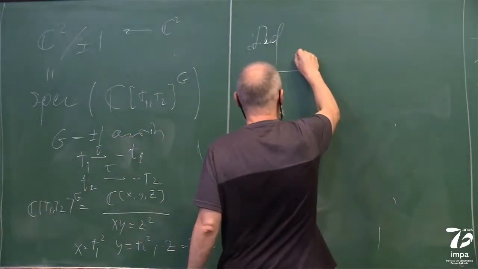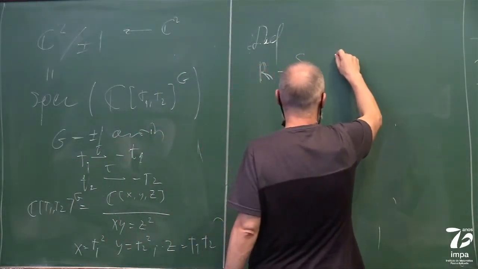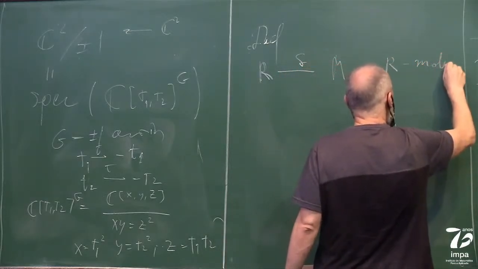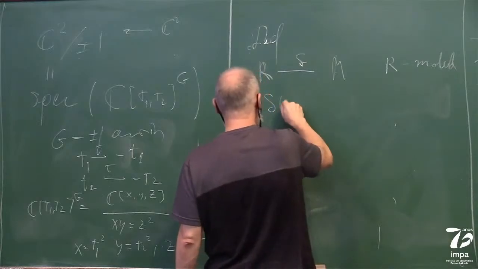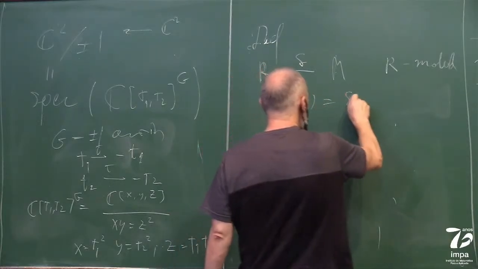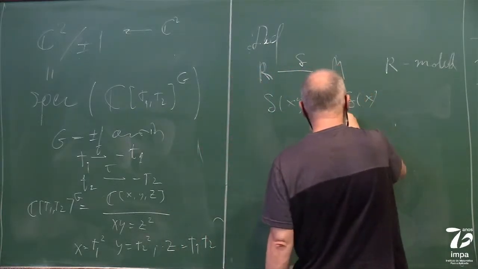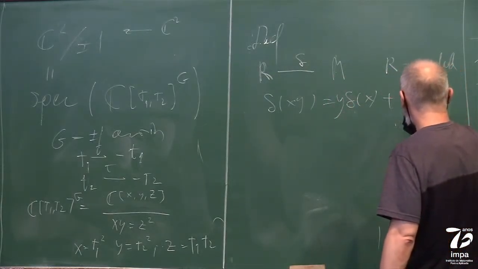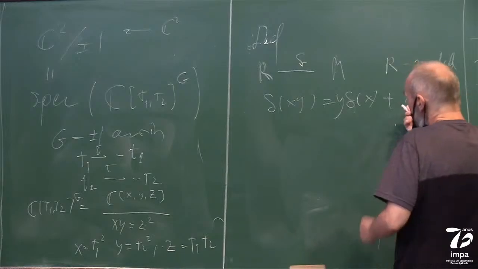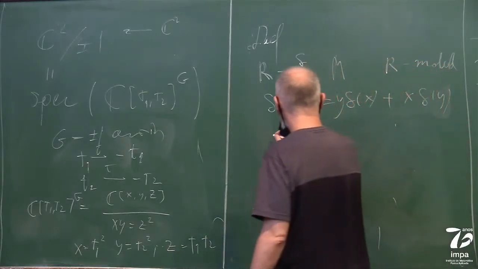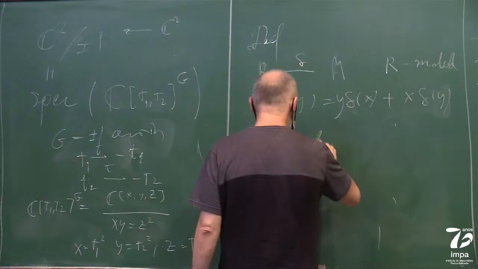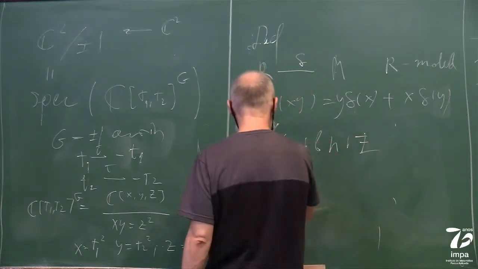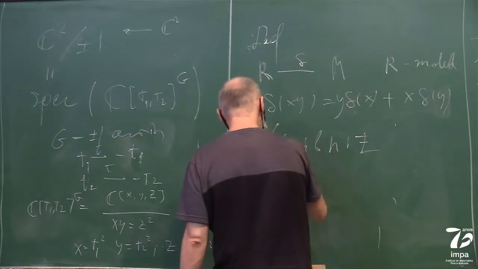A derivation is a map from R to some R-module M, such that delta of xy is delta of x times y, which is an element of the R-module, you can multiply it by y, plus x times delta of y. This is the Leibniz identity. And then delta is called a derivation or differentiation.